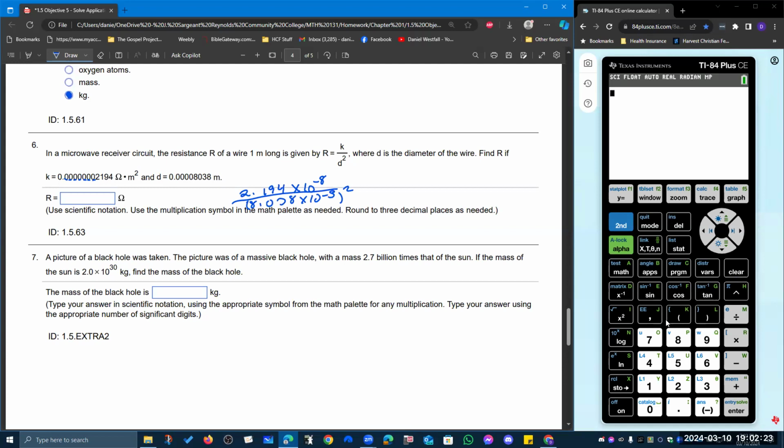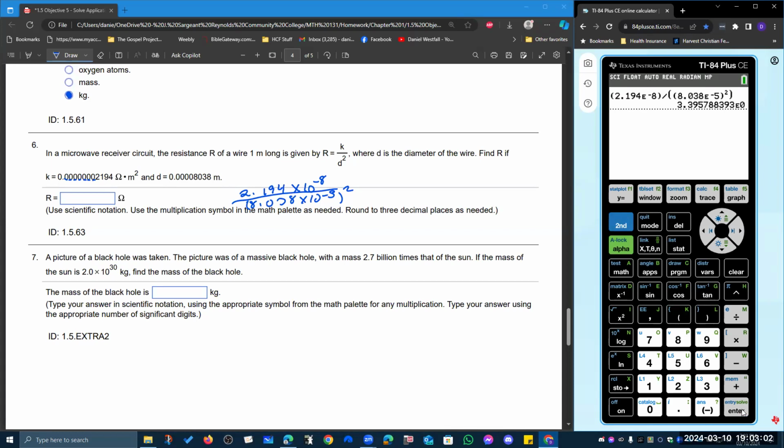So the numerator is going to be 2.194 second EE negative 8, divided by the denominator, which is going to be 8.038 second EE negative 5, and that gets squared, and then close off the denominator.